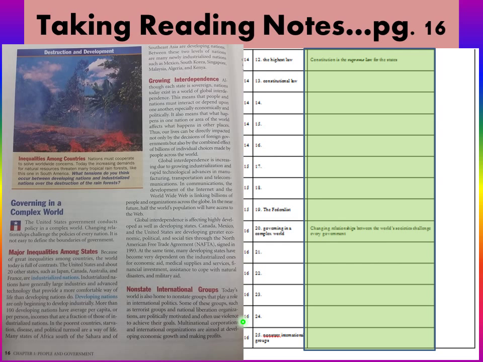Okay, I'm going to stop here. This is your opening paragraph for this topic, which means it's going to lay out everything main that you need to know, and the rest of the stuff on the other page is going to be examples. So we said earlier, for our details, we're going to put what are non-state international groups or examples of non-state international groups.